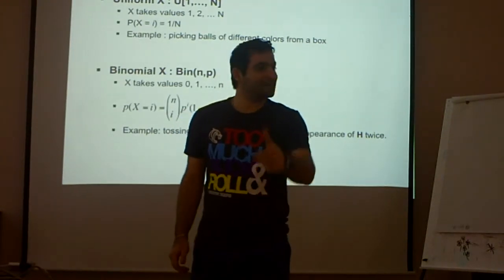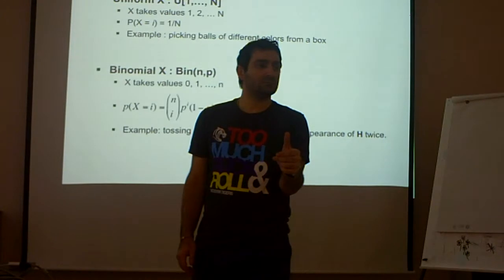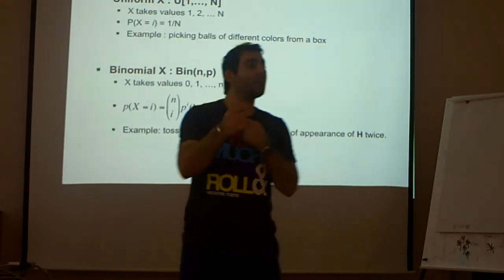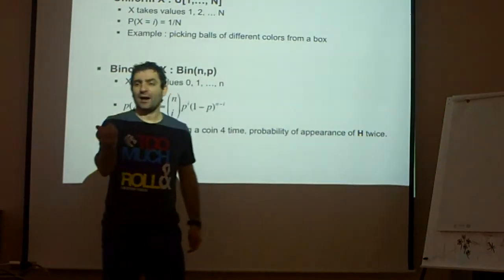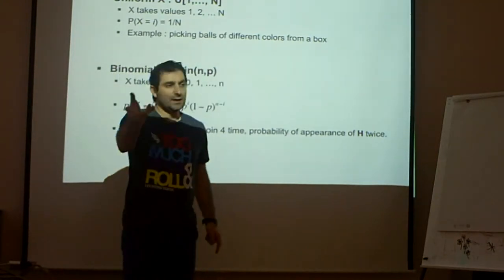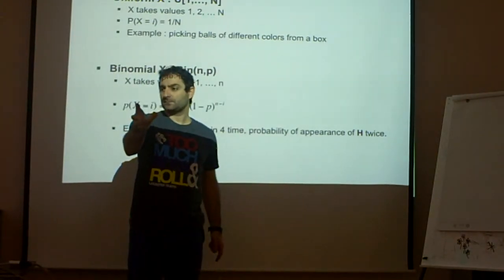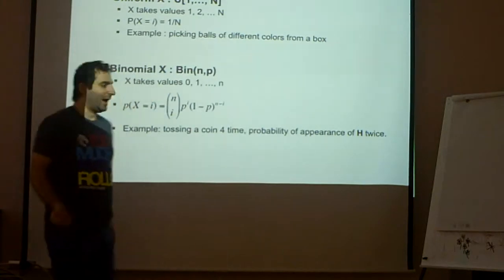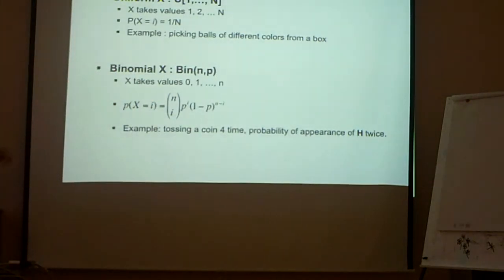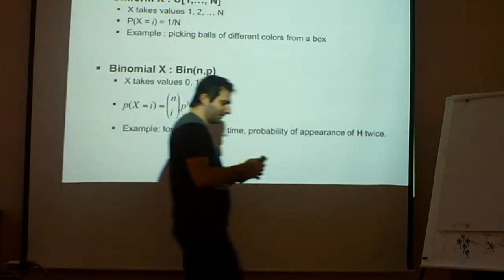Now tell me, is it uniform? No, because the probabilities are not equal to each other. I have a die, and I throw a die. Is it uniform distribution? Yes, because as far as I have not put any condition, the probability of everything is 1/6.